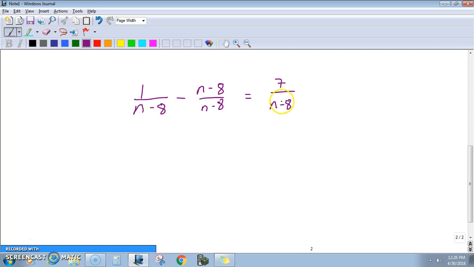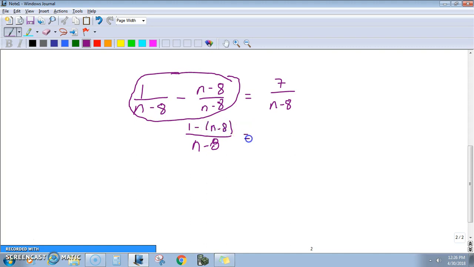And what he did is he simplified this side first. He said, okay, my denominator is n minus 8, because they already have a common denominator, and my numerator is 1 minus n minus 8, equals 7 over n minus 8. Let's reduce this numerator.